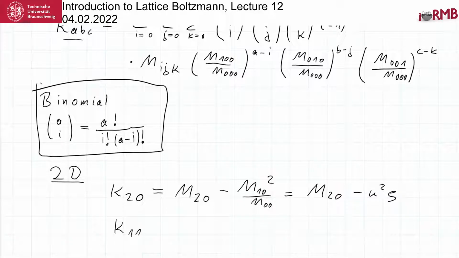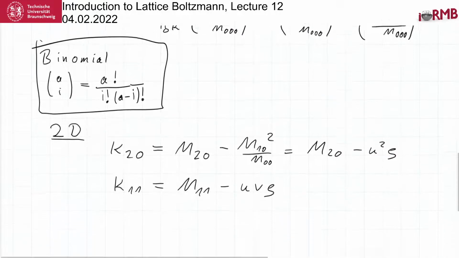And we have, for example, k11. This is equal to m11 minus u v rho.